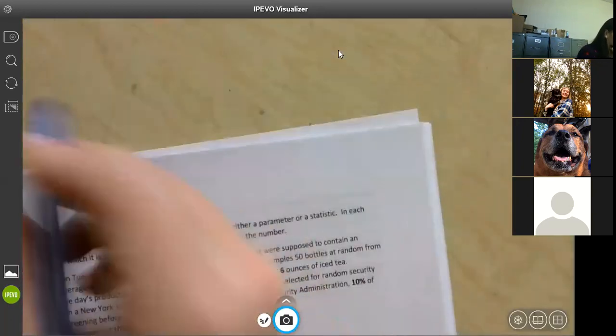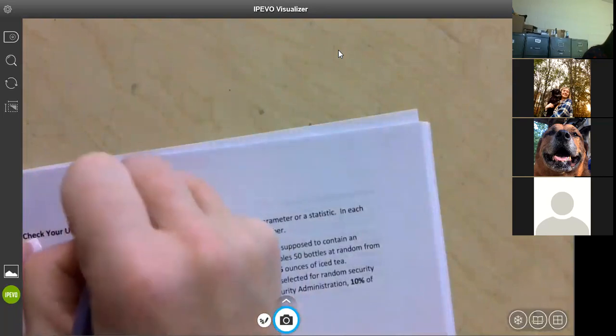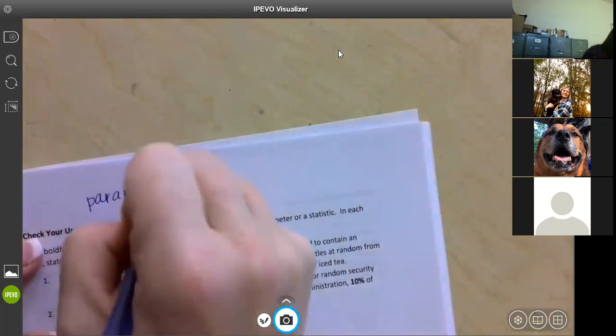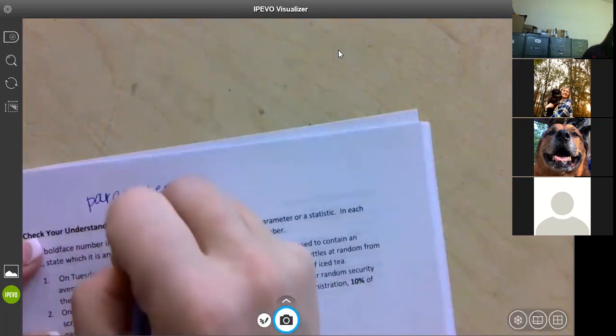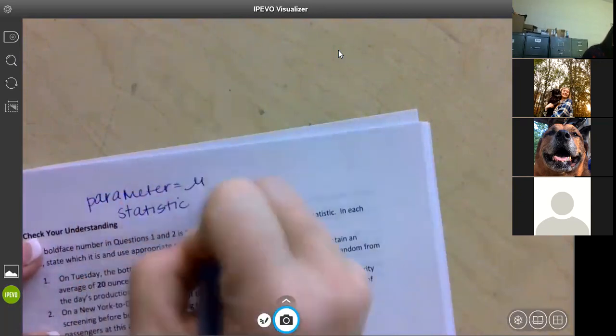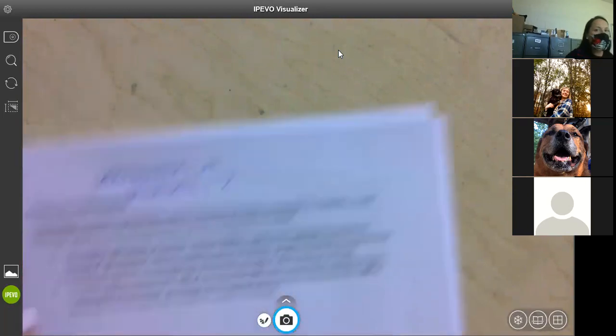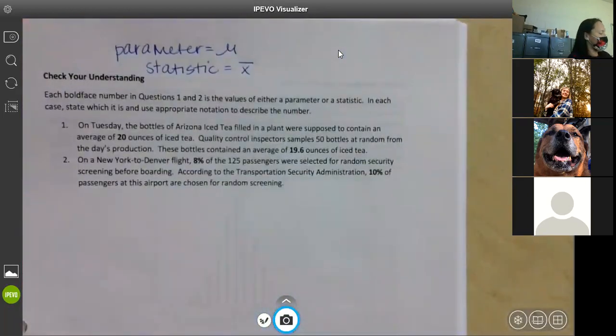Okay, so remember, parameter is mu, sorry, and your statistic is x bar. What does the parameter deal with? Population.